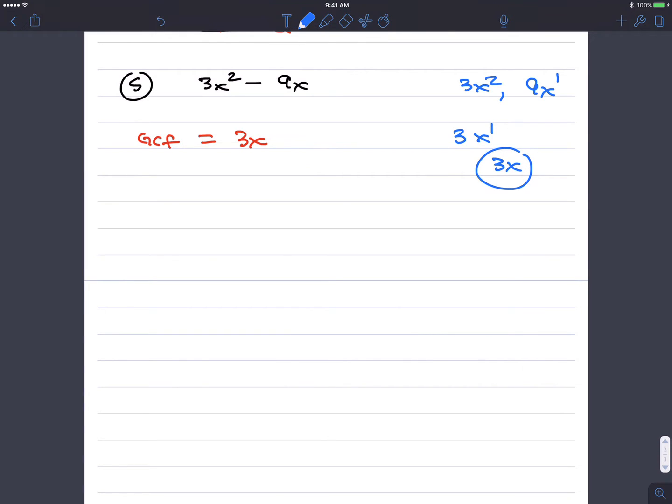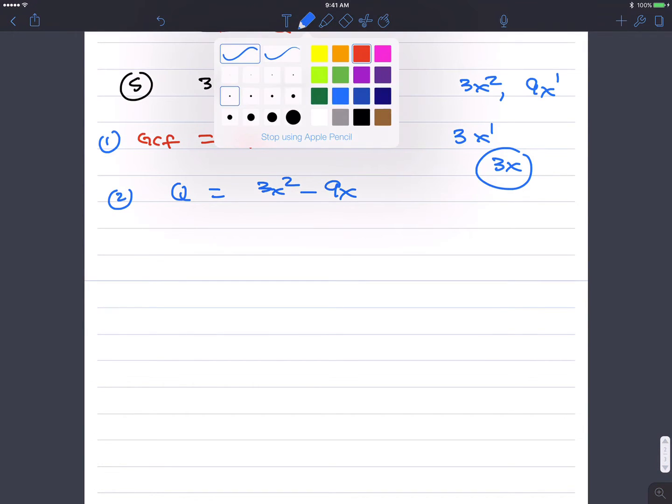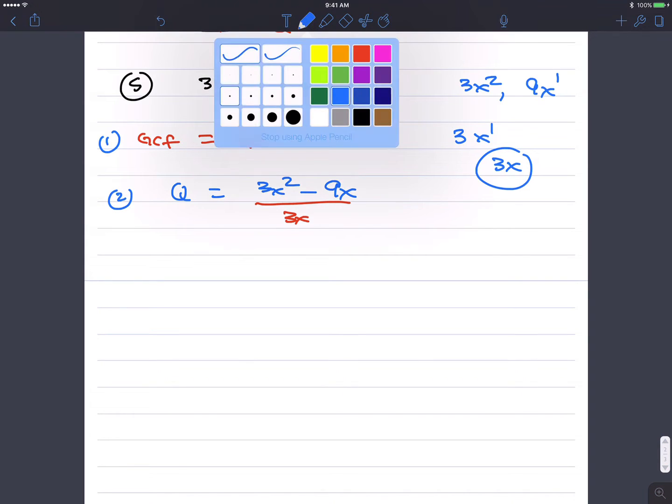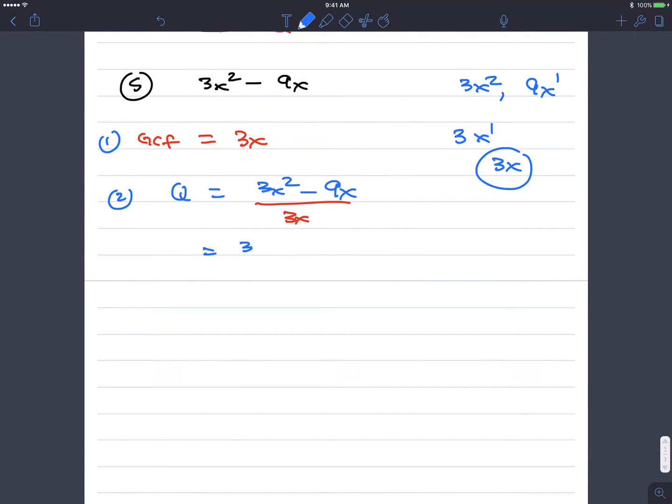Step 2, right? Let's find the quotient. 3x squared minus 9x. Divide your terms by 3x. So my quotient is going to be 3x squared divided by 3x minus 9x divided by 3x. So what's this quotient? 3's cancel. I guess I just have x.